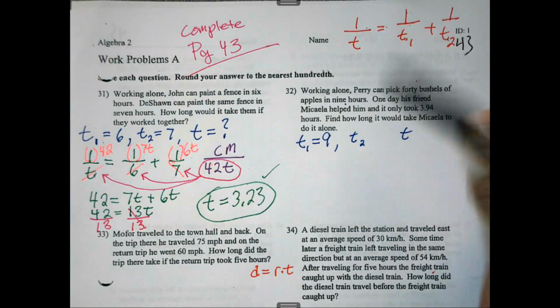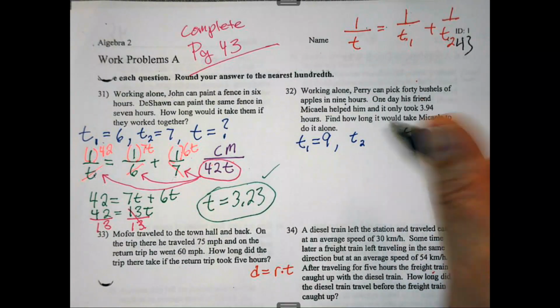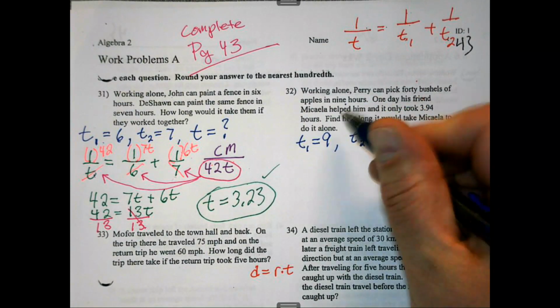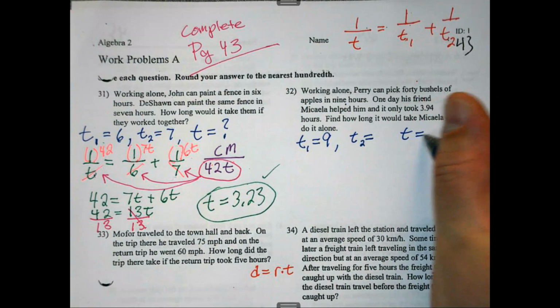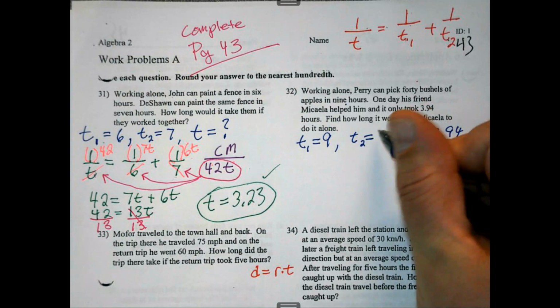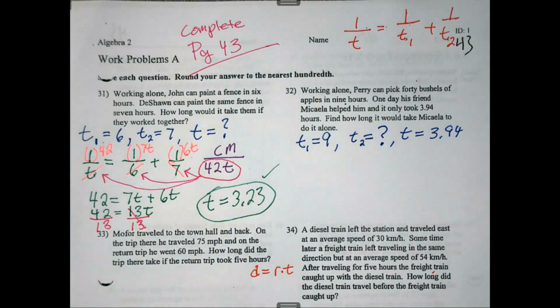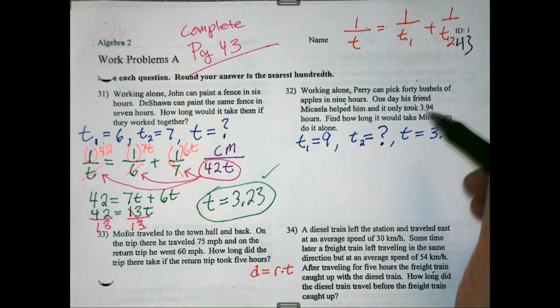Okay. Now, be careful here. It doesn't tell us how many hours Michaela put in, but it did tell us it took the total of 3.94. So this time I have to find Michaela's individual time, which is T2. Hey, I thought the 3.94 was T. It is.